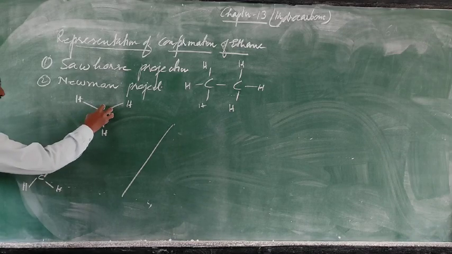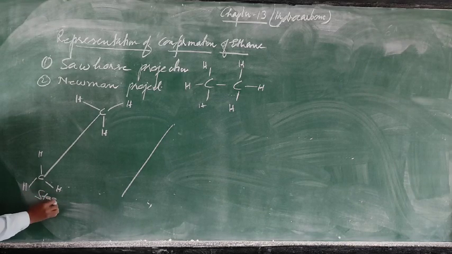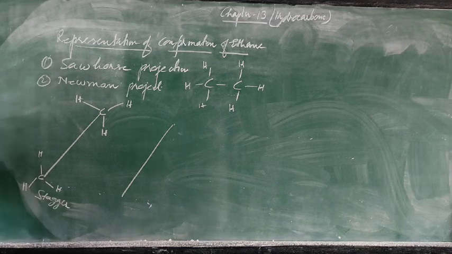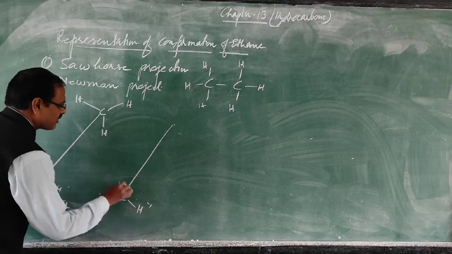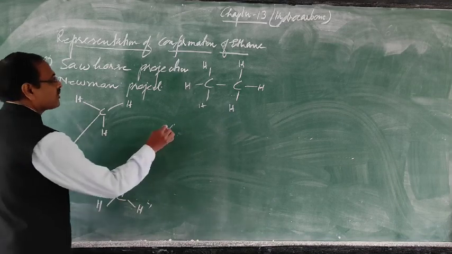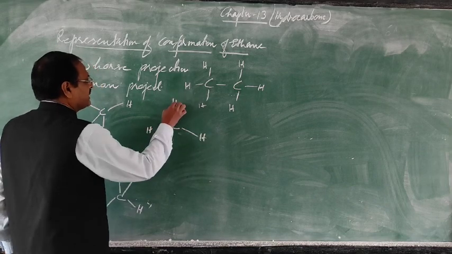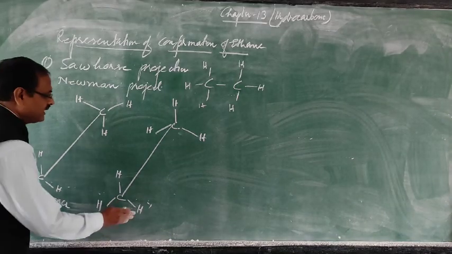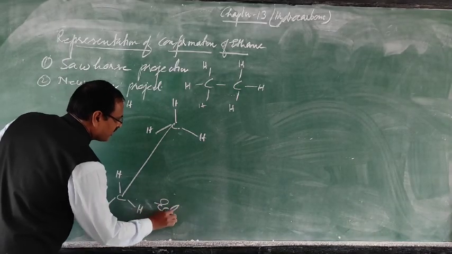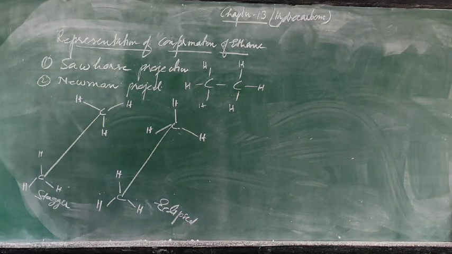If you take this carbon and keep it here, the hydrogen atoms will be at the maximum distance, so this one is staggered. Another one: if you take this carbon and keep it here, then the hydrogen atoms will be at the minimum distance, and this one is eclipsed. So this is called the sawhorse projection.